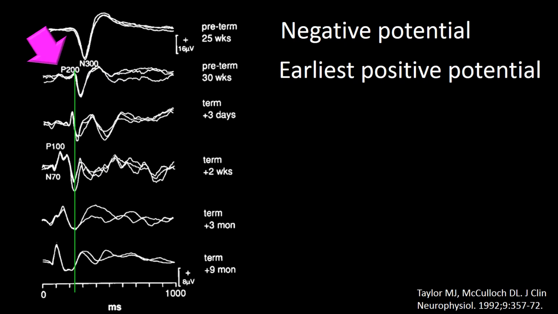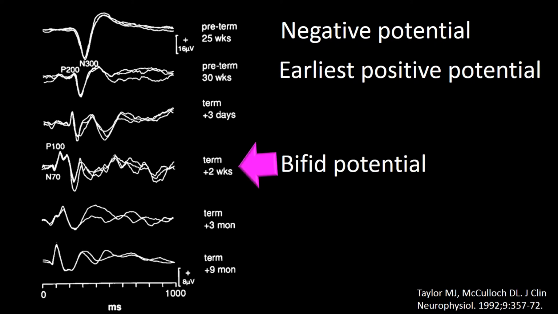It appears at about 200 milliseconds. By term, the first positive peak is usually sharper than before, and it is usually at about the first month of life that the peak becomes bifid.